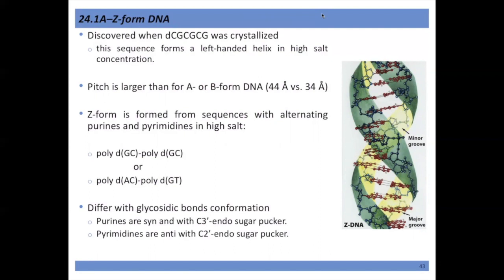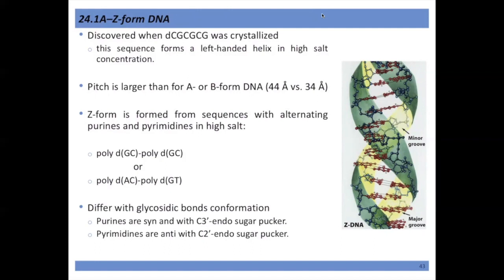And if you have sequences with lots of GC, or AC and GT sequences, so essentially lots of GCs, GCs, or AC and then GT, then you'll actually start to get the Z-DNA.